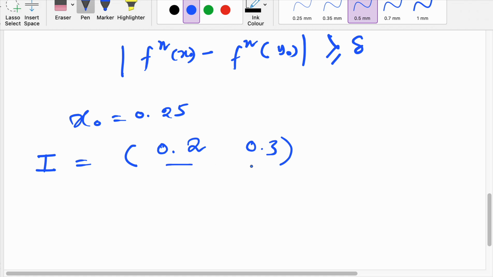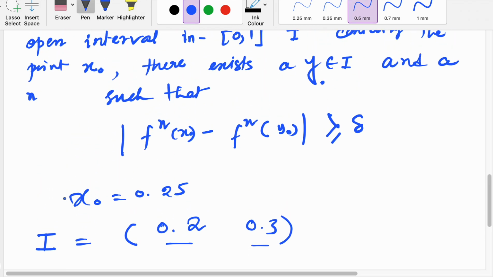This is only one open interval, and for every interval which contains this x0 you have to find a y in it and also an n, such that if you iterate x0 and y0 n times, the difference between the future of x0 and the future of y0 is far apart by at least the constant delta. That's why it's called sensitive dependence on initial conditions.